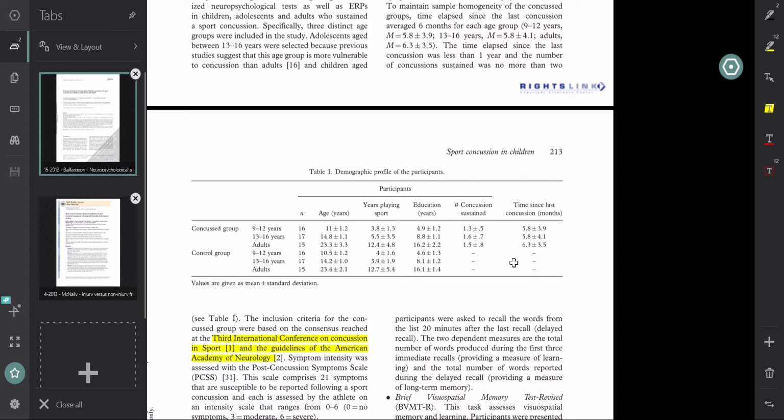How you choose to do that is totally up to you. If you want to organize this and put all of the processing speed measures right next to each other, feel free to do that. If you want to put all of the memory measures right next to each other, copy and paste, feel free to do that.